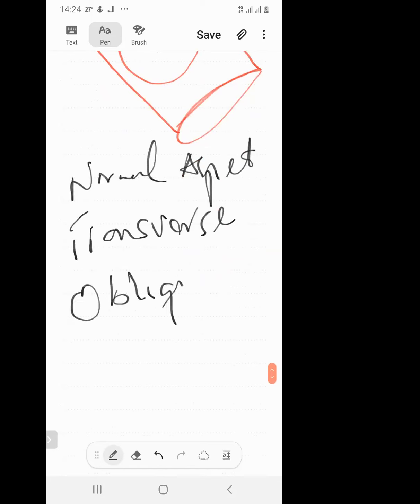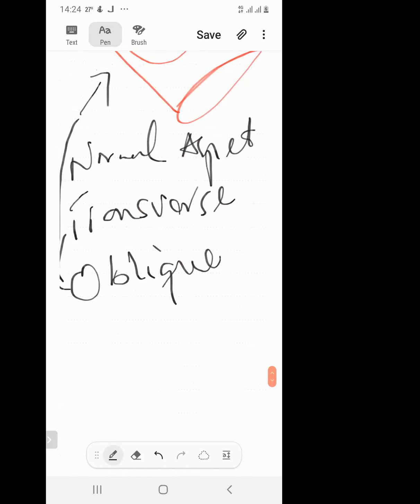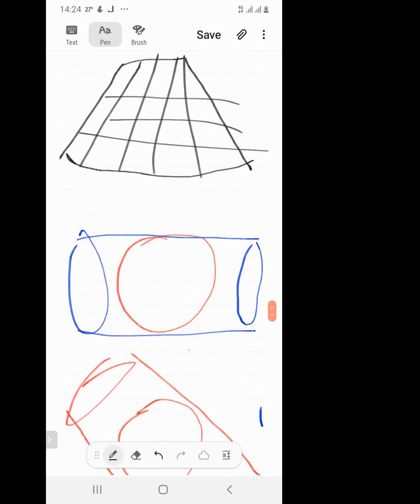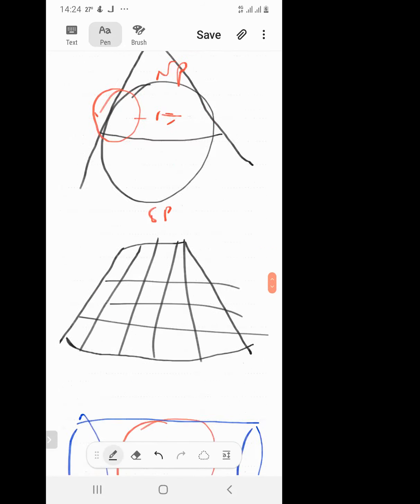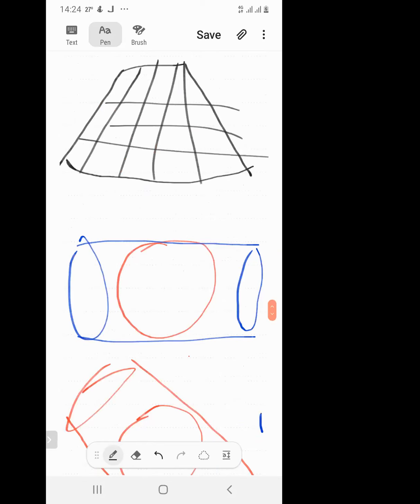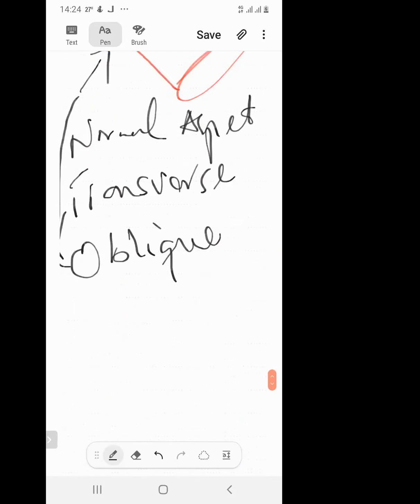The oblique is the one I just showed up here. So now we have classes and aspects of projection. Is that okay? You have three different classes, and we have three different aspects of projection.